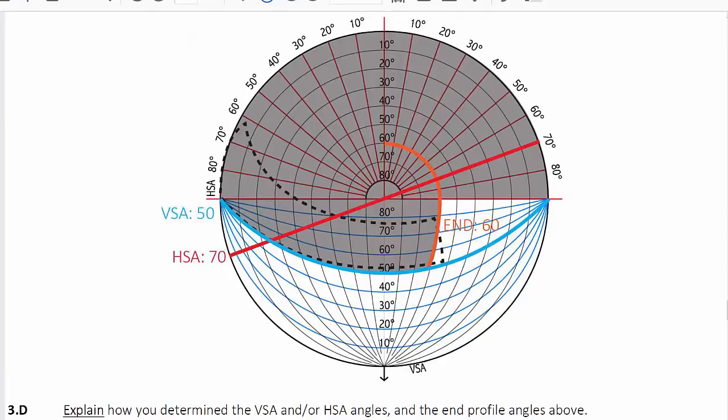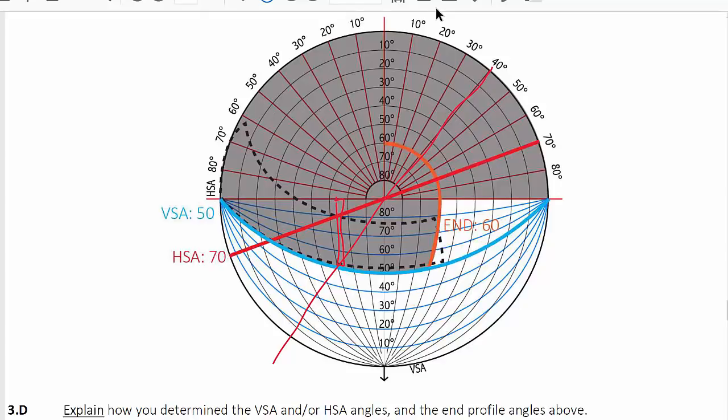So the last thing you might want to do would be to come up with a design for a vertical fin, right? So we would use the red radiating lines that we have around the top of the solar protractor, and really I can choose any of the angles that I would like, but just understand that the lower the angle that I choose, for example, if I were to choose a 40-degree line, the vertical fin, in order to meet up with my horizontal, would take on proportions where it sticks out from the building quite a lot.